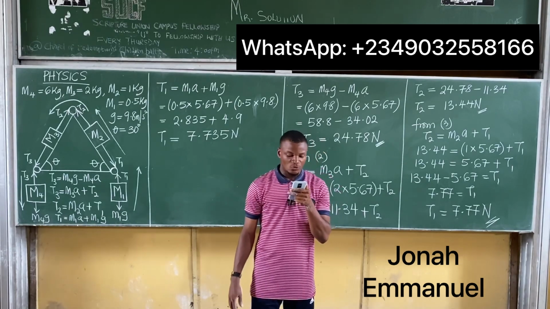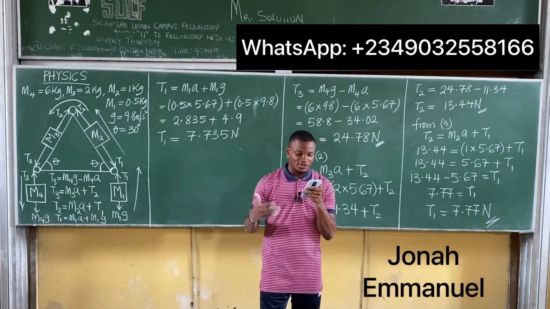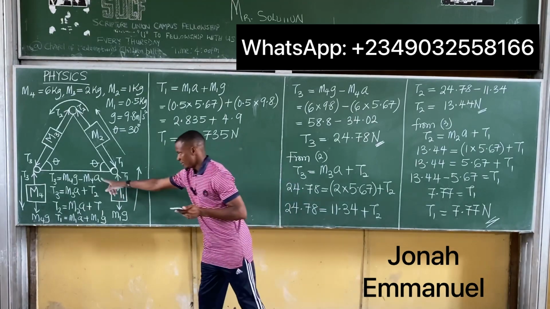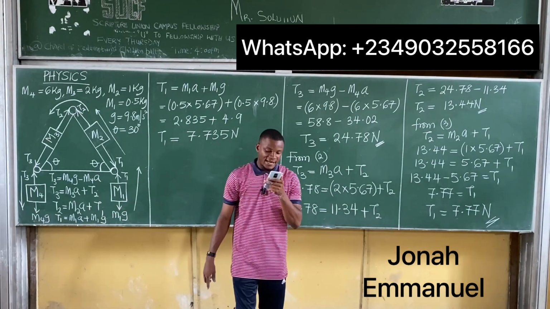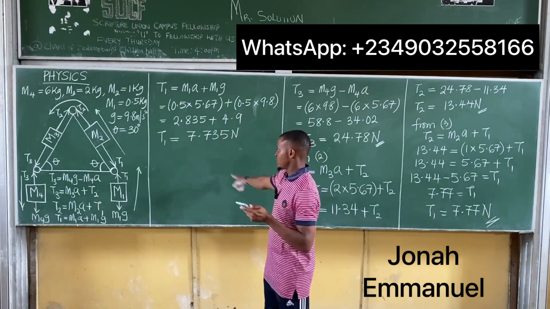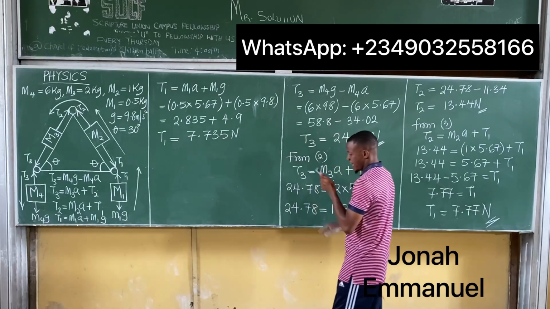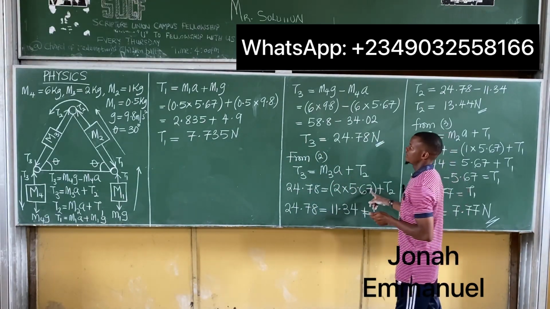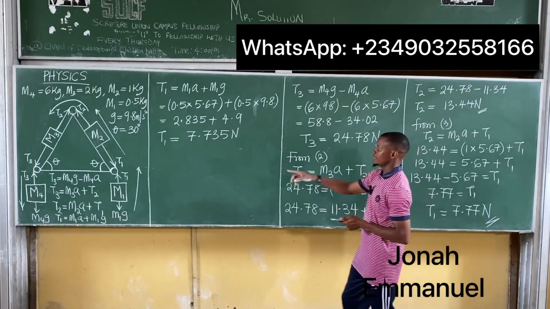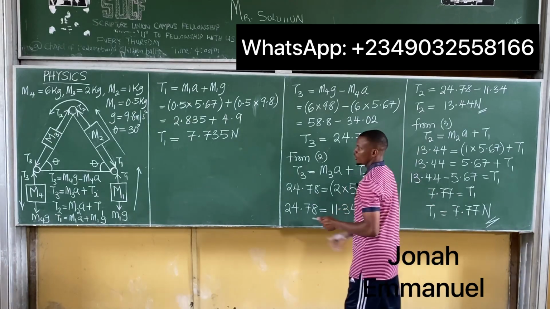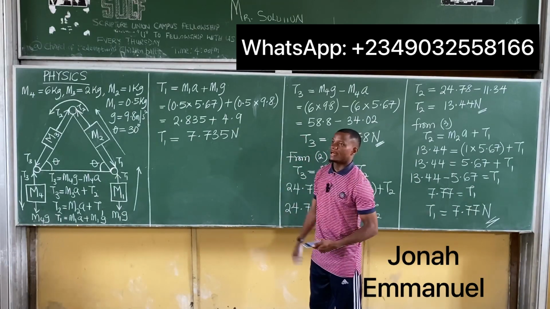So we've done number 2, which says resolve the tensions T1, T2, T3, and the acceleration in the string. We've done that. That's the resolution here. Then the III says find the numerical values of the tension, which we've just done. So the acceleration A is 5.67 meter per second squared. T1, I would go with this value instead because this one was the value we got when we were working with the whole movement.